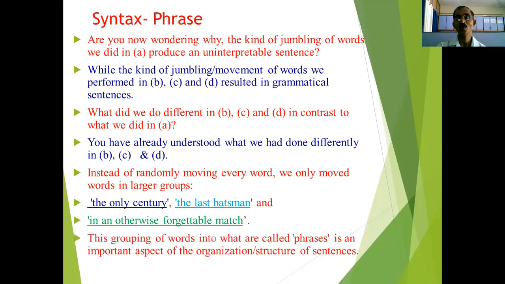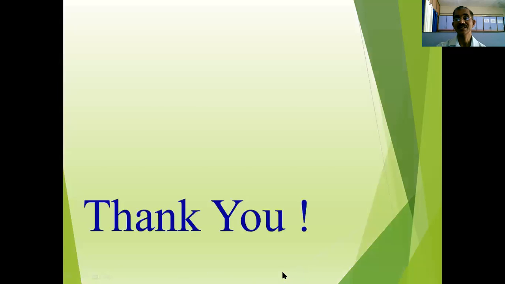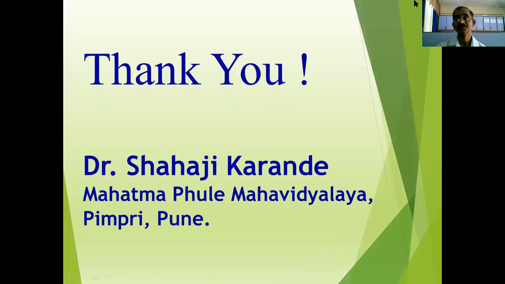These groups of words are called phrases, a combination of words, which we already saw in the definition of syntax. So this grouping of words into phrases is an important aspect of the organization, or structure, of sentences. In this way, we come to know about syntax.